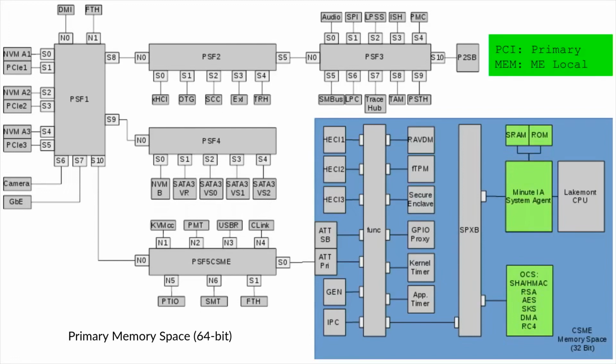Well, the things I've highlighted in green here are on the primary PCI bus. So there's this weird thing going on where there seem to be two PCI hierarchies, at least logically. In reality, it's not even PCI, but on Intel systems there's a lot of stuff that behaves as if it is PCI.